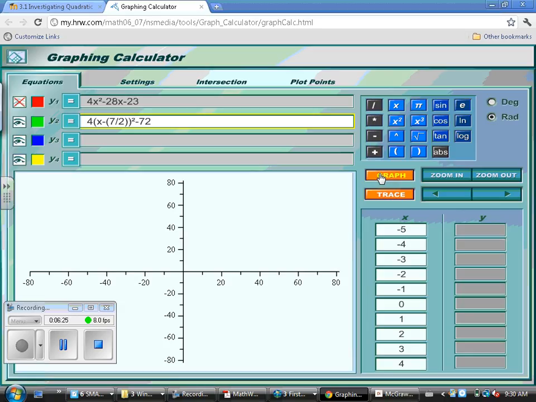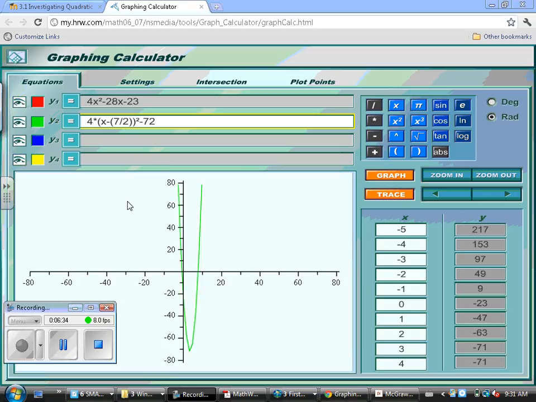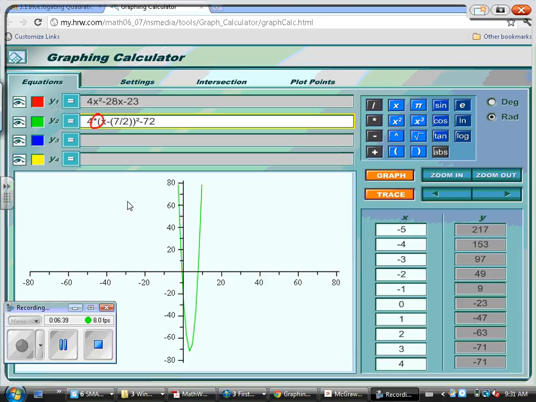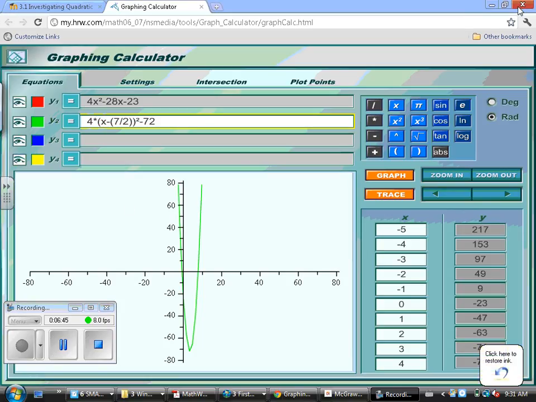For whatever reason, it's not graphing the green one. One second here, I'm going to pause. The thing that I had to do there was put this multiplication sign here. I guess it just doesn't want you to use brackets to show multiplication. It made me put that multiplication sign there, so I did, and then it showed the green one.